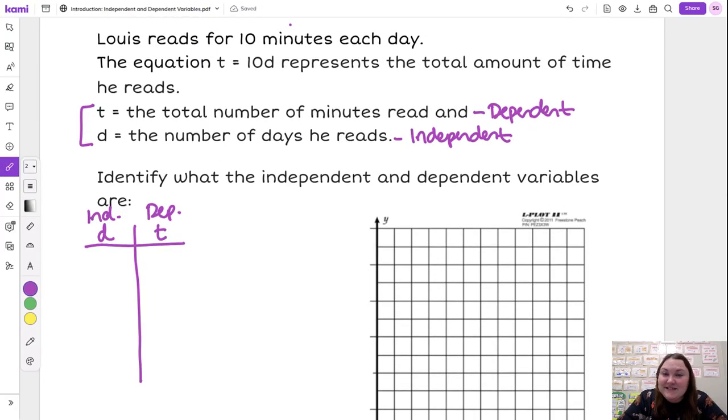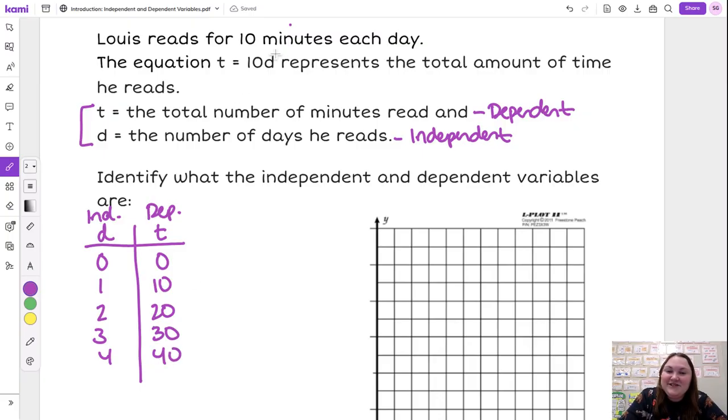We know he reads for 10 minutes each day. So if I wanted to make a table, I could say, well, if he reads for 0 days, he reads for a total of 0 minutes. If he reads for 1 day, he reads for a total of 10 minutes. What about 2 days? 2 days is 20 minutes. 3 days, 30 minutes, and so on.